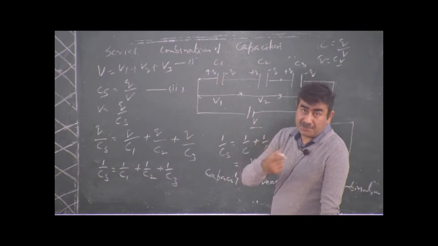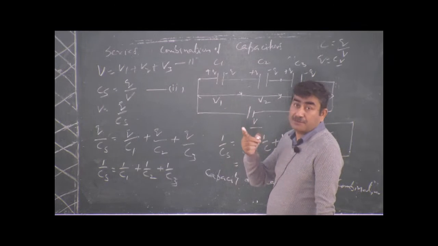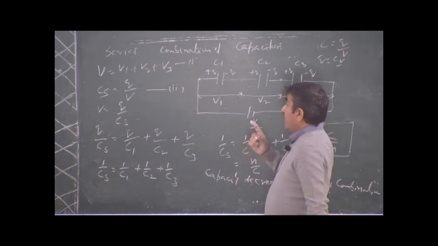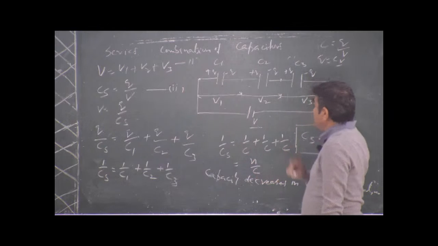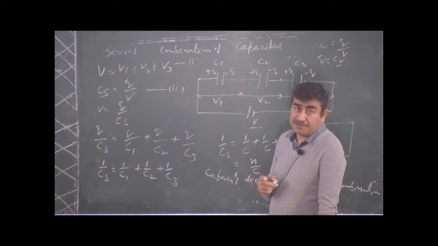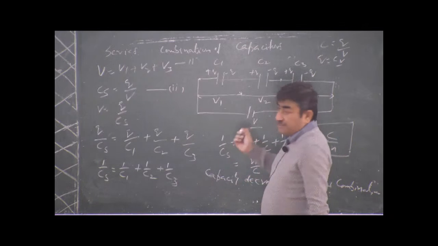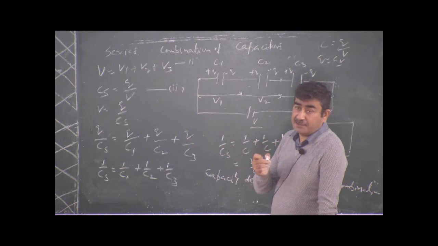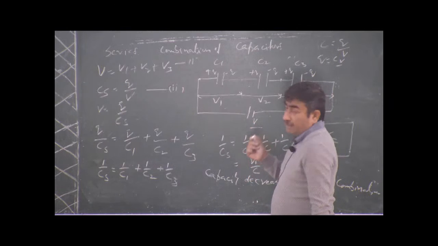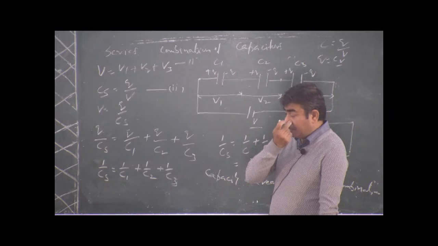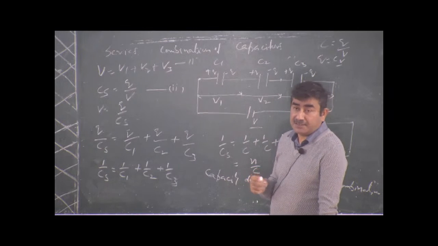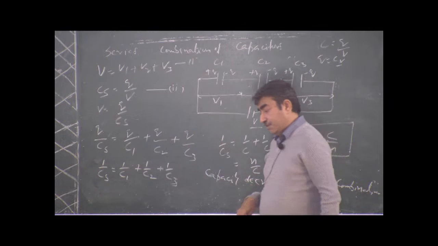Parallel combination of resistance means lesser resistance, and parallel combination of capacitors means increase of capacity. Whereas in series combination of resistances, the resistance increases, but in case of capacitors, if you join them in series, the capacity decreases, just opposite to each other.